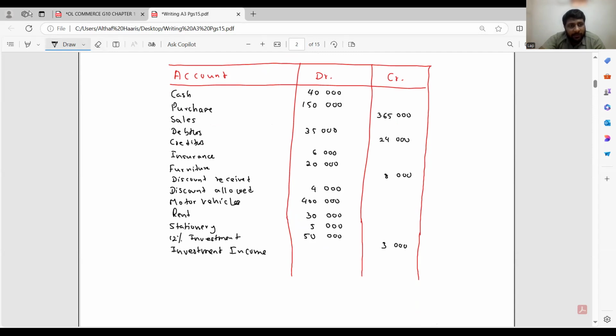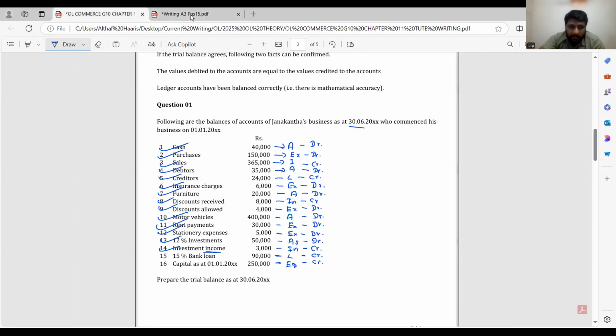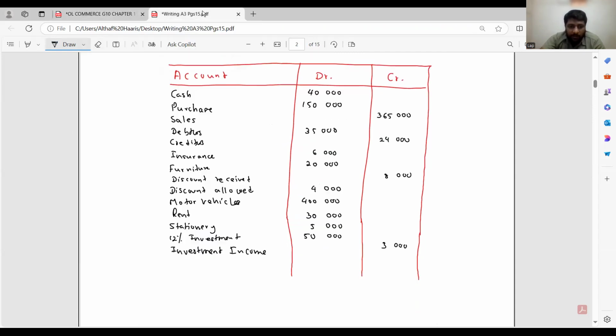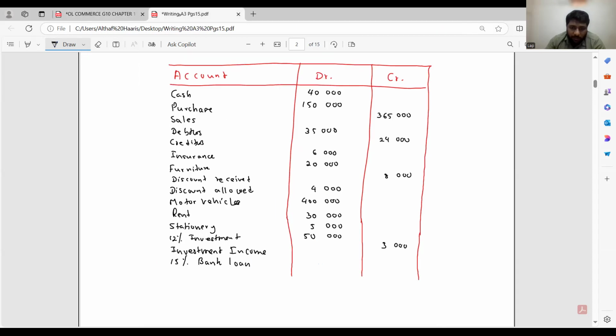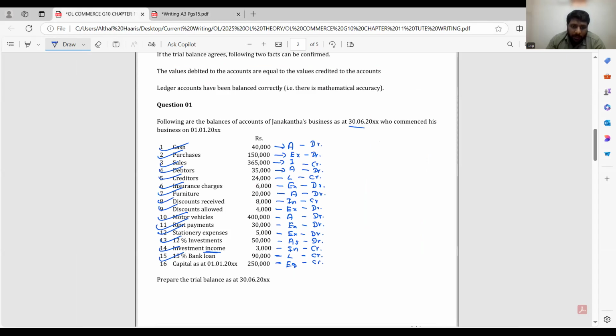Balanced. Good. 15% bank loan, 90,000. Capital 250,000.